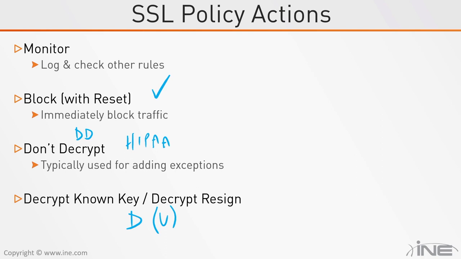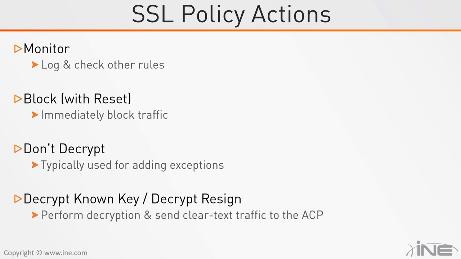So you don't want to block, you don't want to decrypt, you just want to pass the traffic to the ACP without decrypting it. That's the purpose of the don't decrypt action. Of course, the access control policy is also going to be used for the decrypted traffic. I mentioned this a few times during this session.